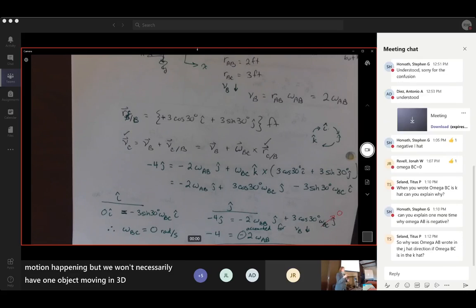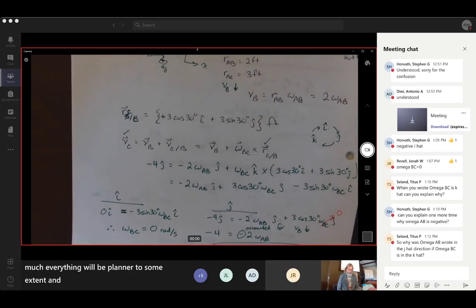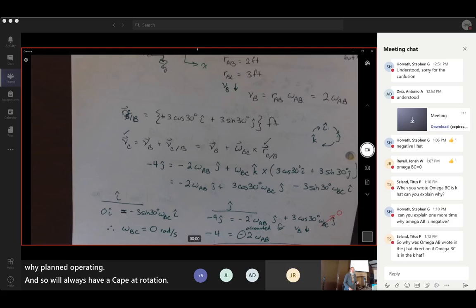So pretty much everything will be planar to some extent. And so generally speaking, as long as that's true, we typically pick the XY plane to operate in. And so we'll always have a k-hat rotation, if that's what we're looking at.